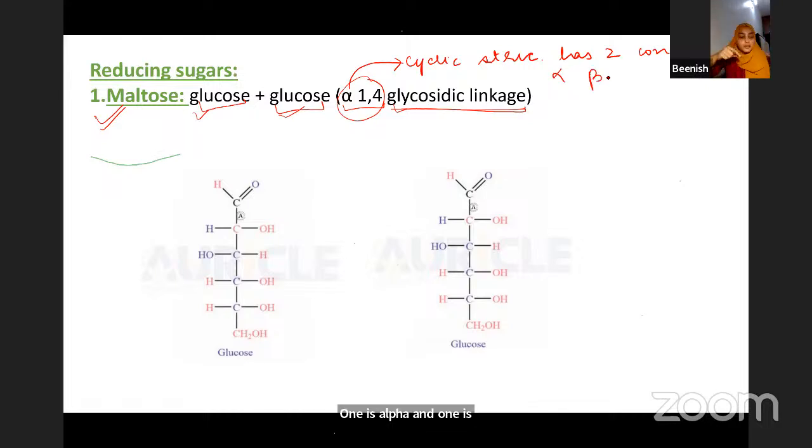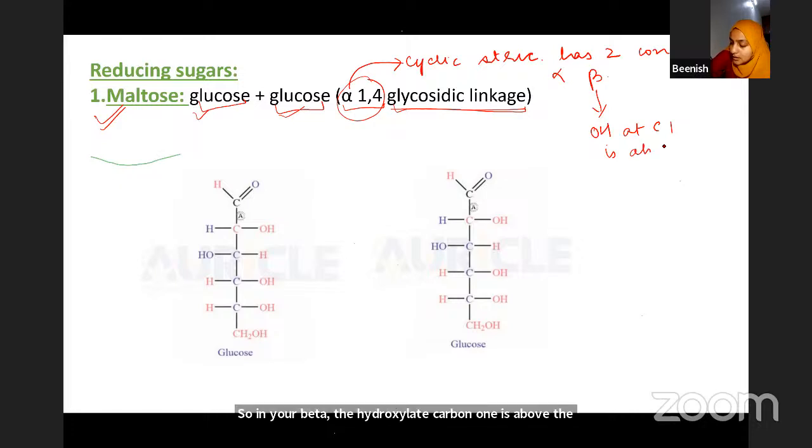Depending upon the position of the hydroxyl at carbon 1, it is divided into alpha and beta. So in beta, the hydroxyl at carbon 1 is above the plane. Later in the lecture, we will study the cyclic structure of glucose, so you will understand this more clearly.